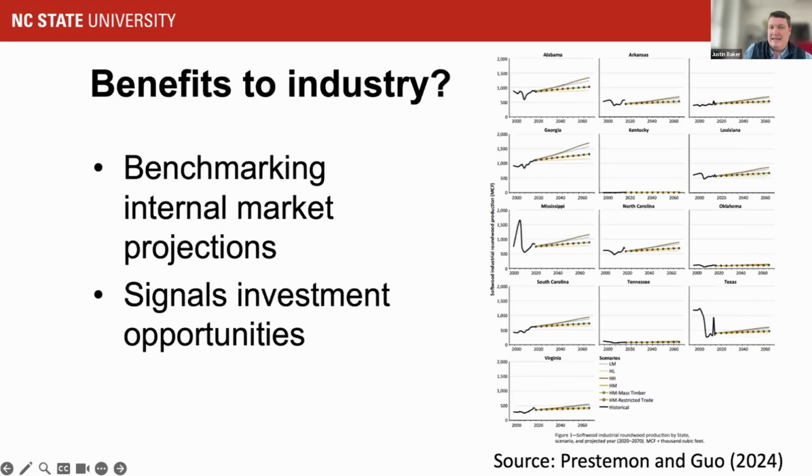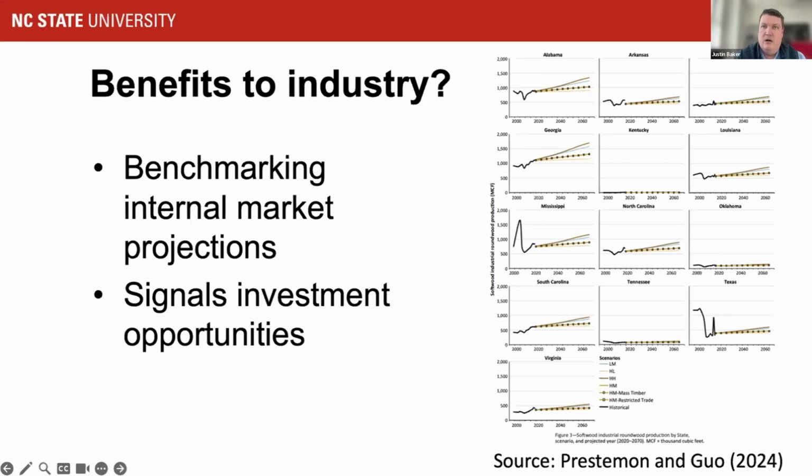And similarly in industry, I think this benchmarking idea is really important, right? So most organizations, large companies, private entities have some notion of where they think the market is heading, either due to their own analytical or internal modeling efforts, or due to other reports and outlooks that they may read and base investment decisions on.